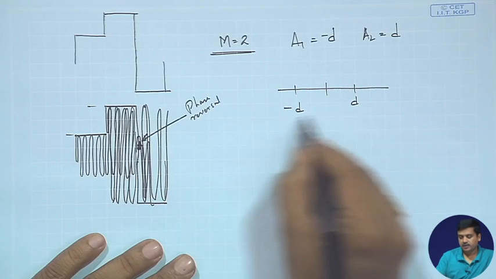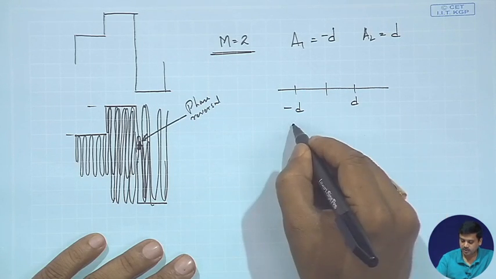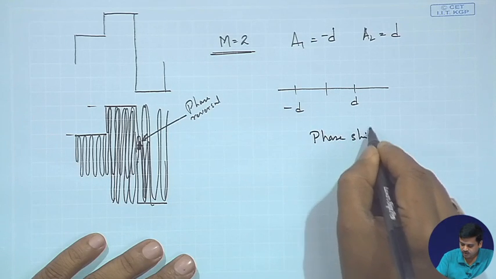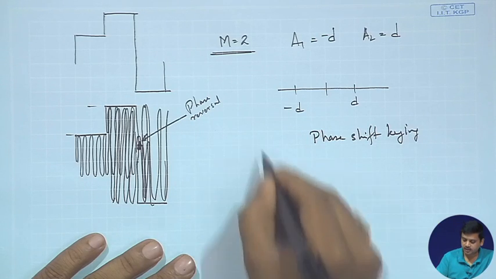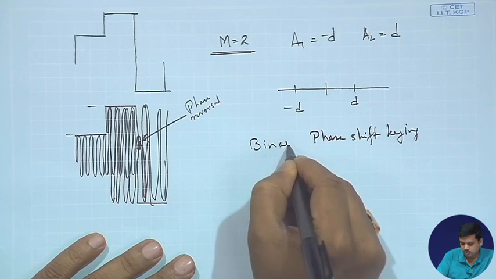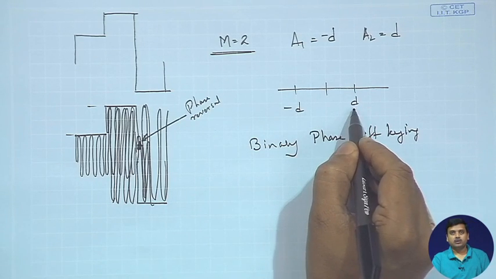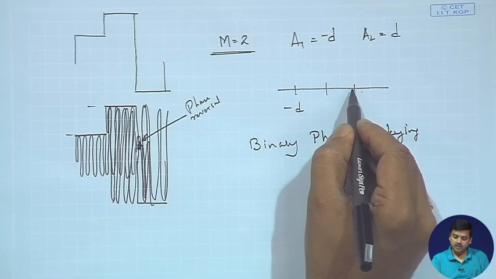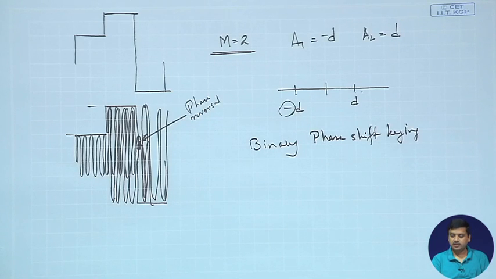So, if you look at these two levels, what you would also encounter is phase shift keying, which we will study later. So, this is also known as binary phase shift keying, because you have two signals, and the difference between these two signals is this phase, which is 180 degrees, there is a minus in front of it.